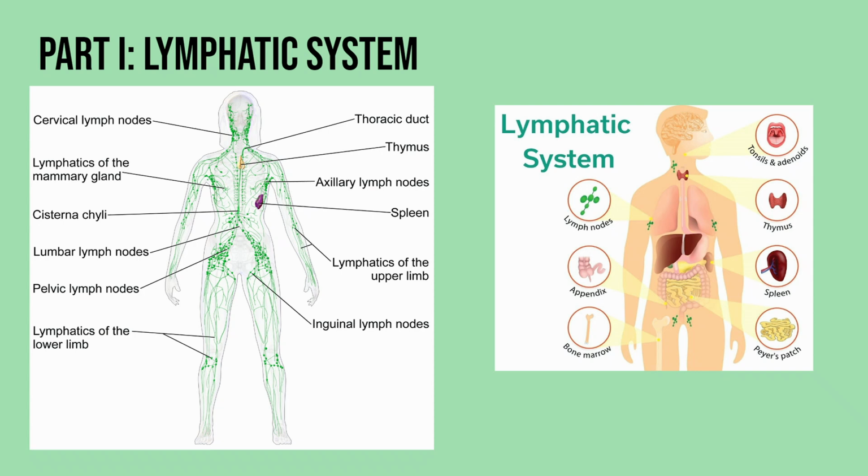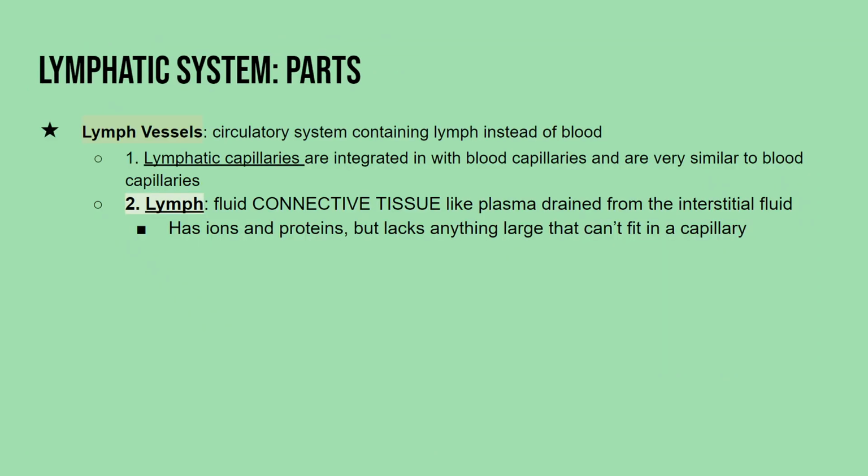Okay, so first part, we're gonna do the lymph system, which is a little bit smaller than the immune system. So here are the parts of the lymphatic system. You have the lymph vessels, which is kind of like their own circulatory system, which contains lymph instead of blood.